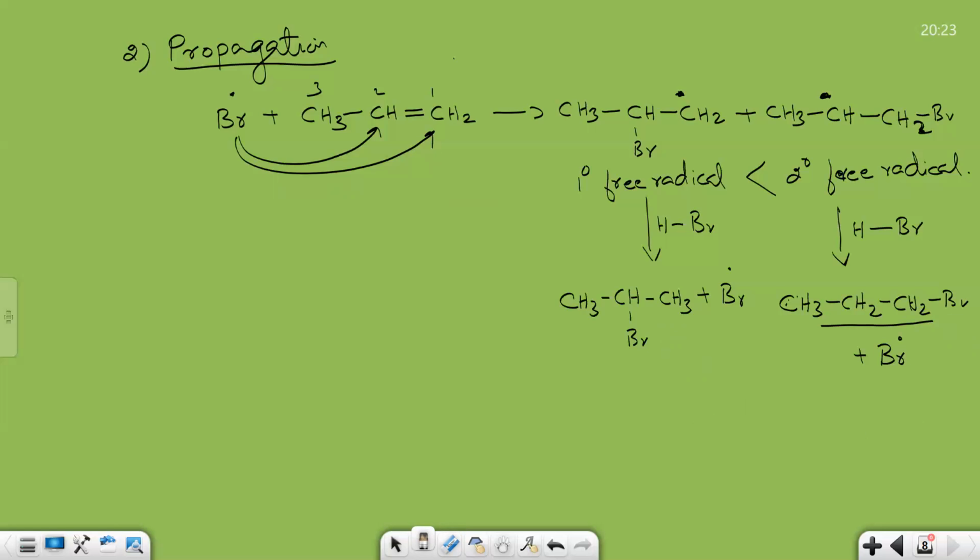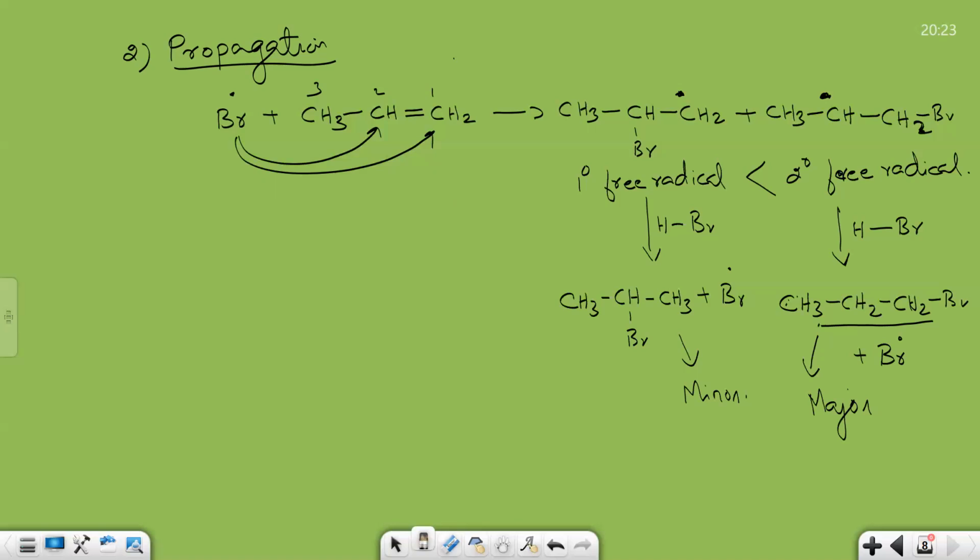Since the secondary free radical is more stable than the primary free radical, its rate of formation will be higher. So more of the secondary free radical forms, and the corresponding HBr reaction takes place, and the product CH3, CH2, CH2Br will form in excess. So this will be the major product and this one a minor product.